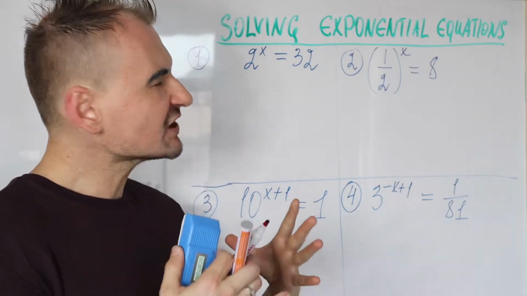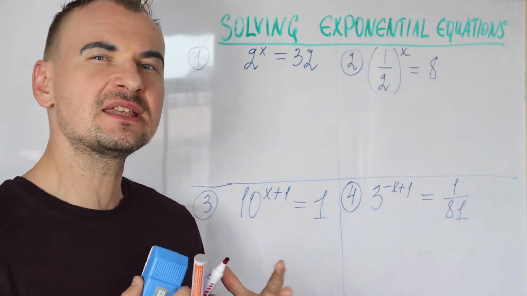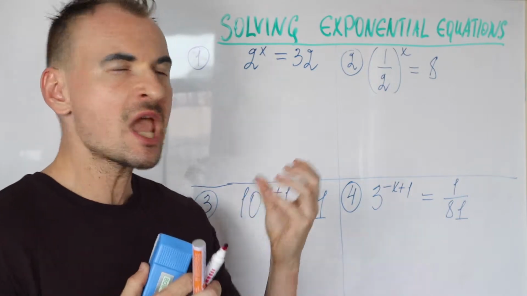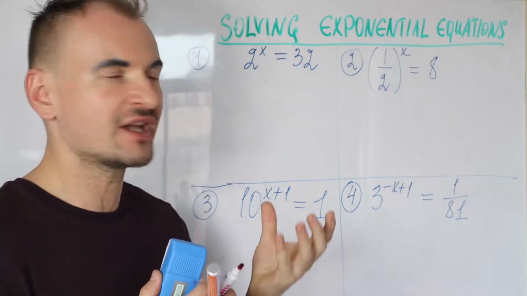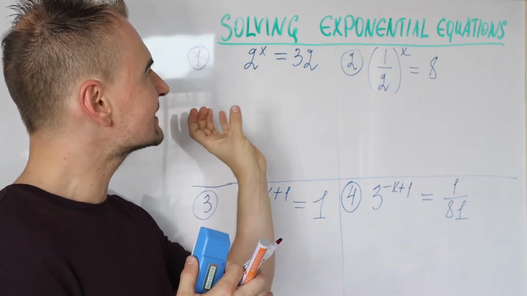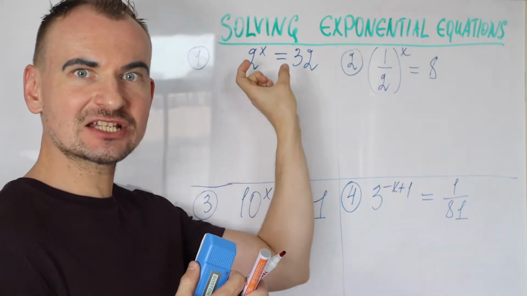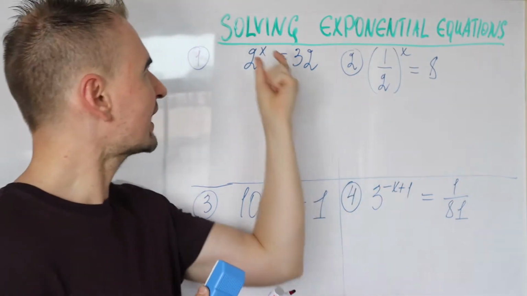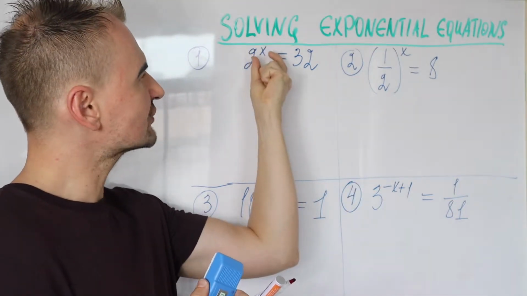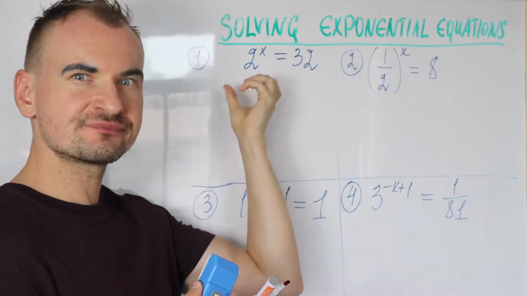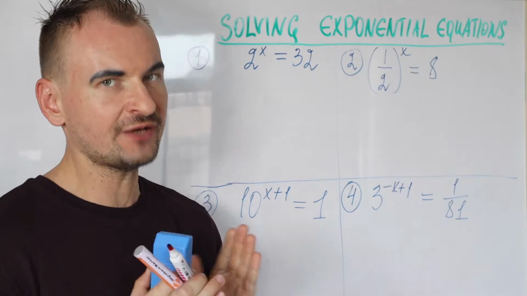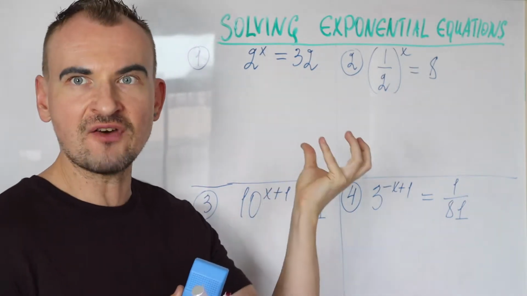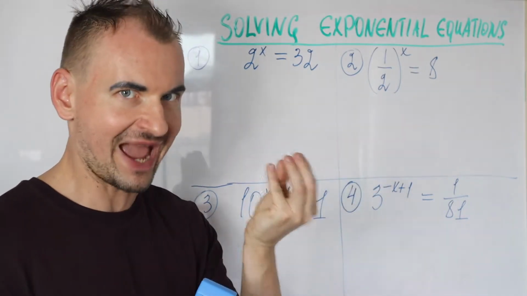An exponential equation is basically an equation where your variable, your x, or it could be another variable, is located in the exponent of your expression. So you are looking for x, you have to solve for x. Find the value of x.